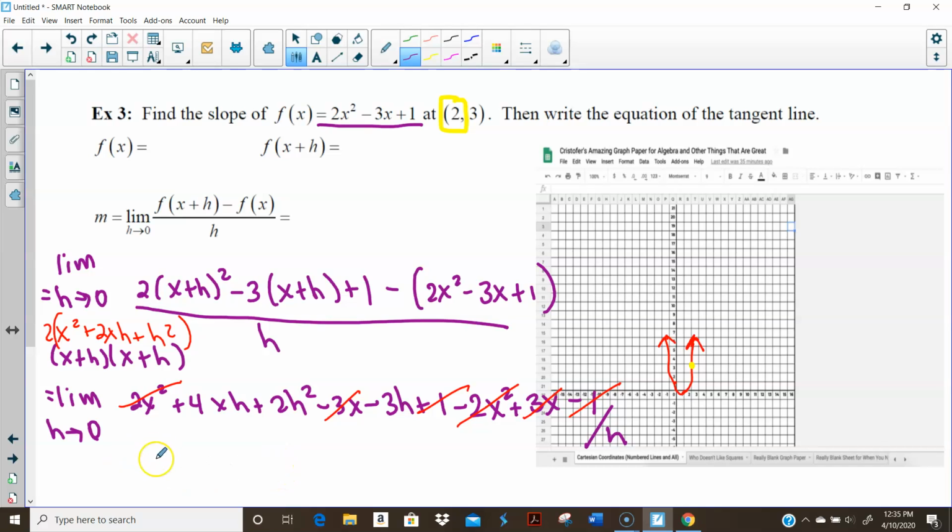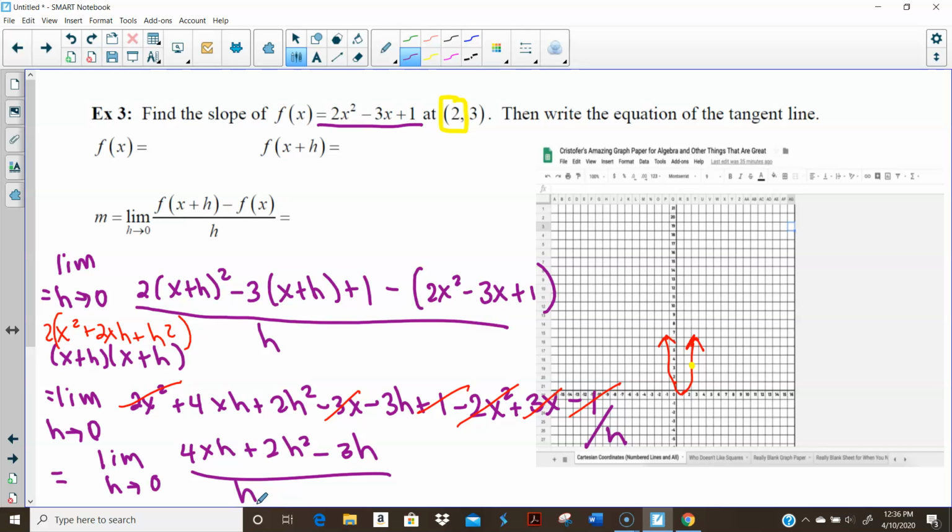So let's write what I have left. This equals the limit as h approaches 0 of 4xh plus 2h squared minus 3h all over h.